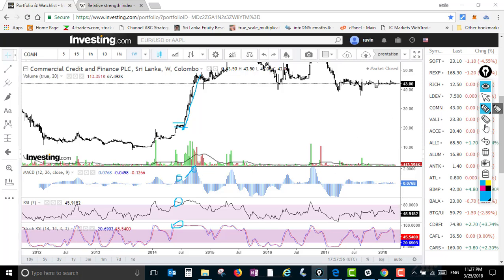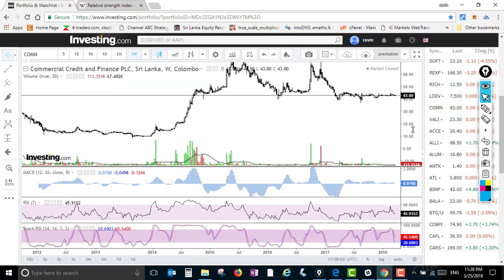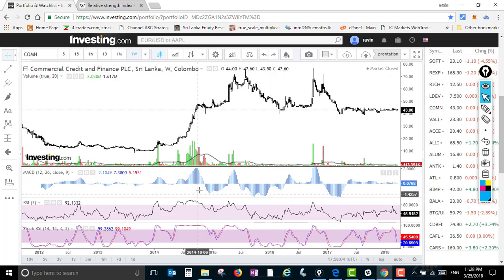So what has happened next? We'll see. It now says it is oversold. It is oversold in these indicators. Oversold, and here oversold, and MACD is giving us a crossover. So it is in a big trendy market, and MACD is also giving us a crossover.